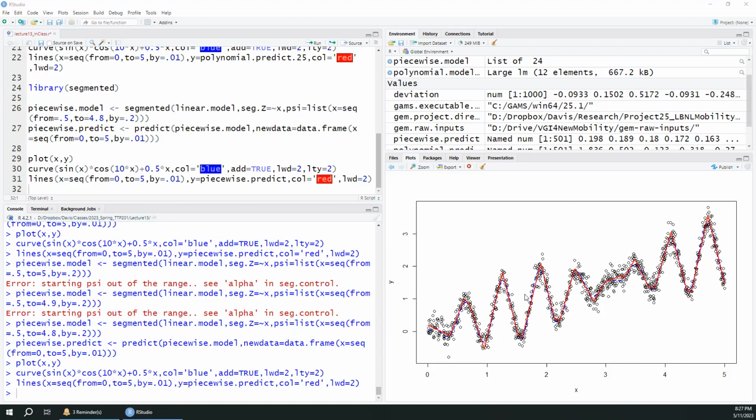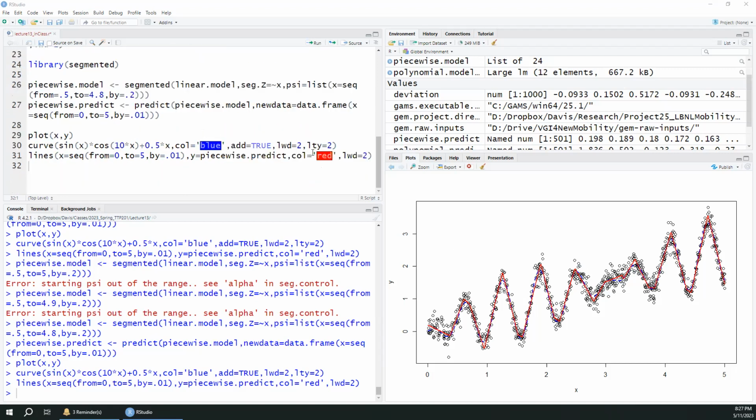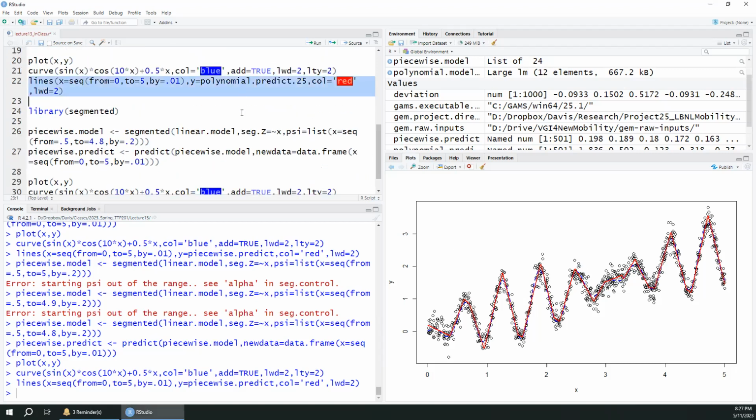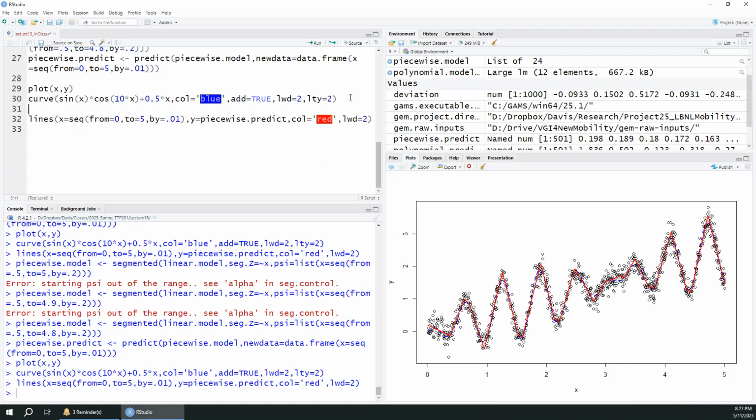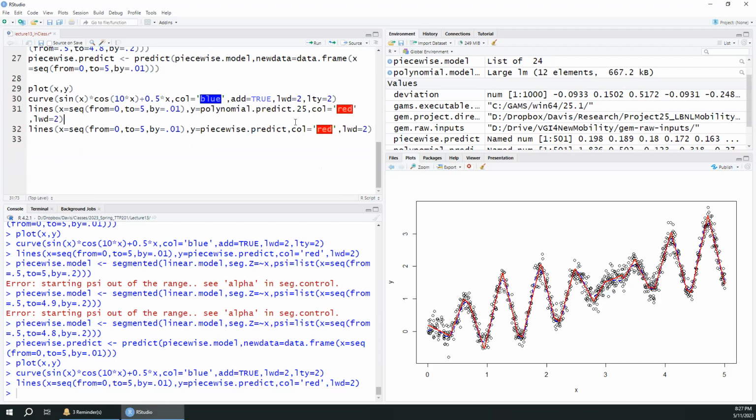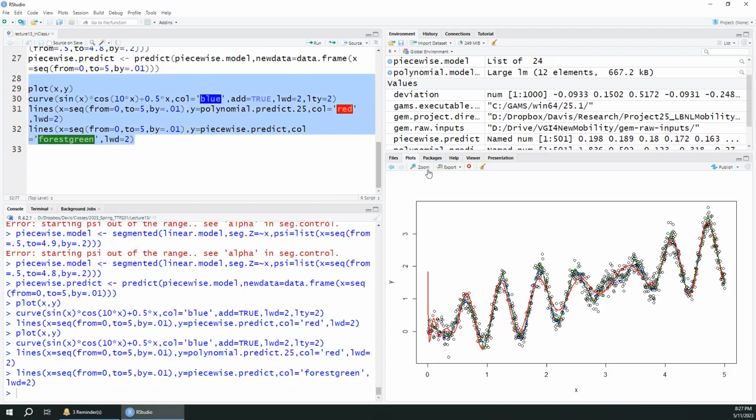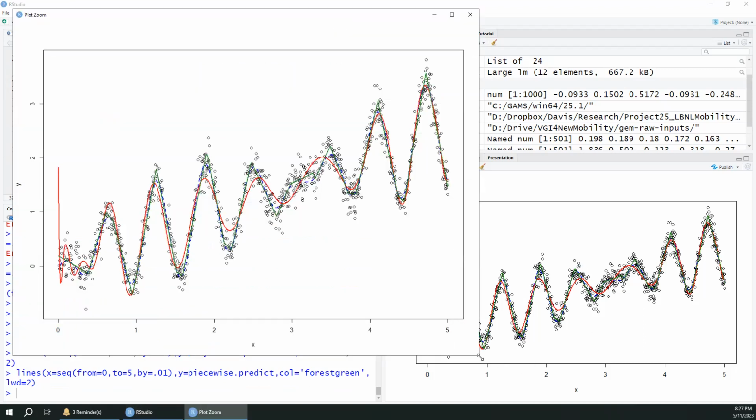Now it's not as good at getting those smooth curves, but other than that, it looks closer to the blue points. In fact, we can compare these directly. If I add this line here and change the color, let's run all of these and pull this out so we can see it a little bit bigger.